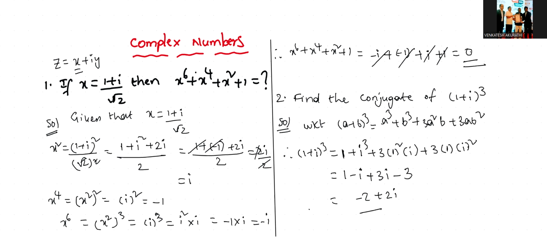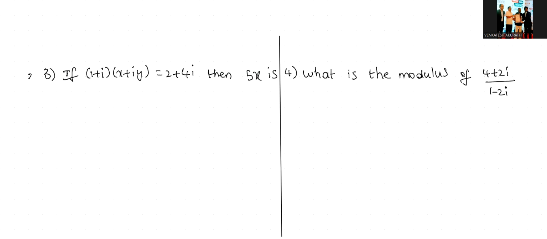And the next problem, if (1 plus i) into (x plus iy) is equal to 2 plus 4i, then the value of 5x. So we can multiply these two complex numbers.